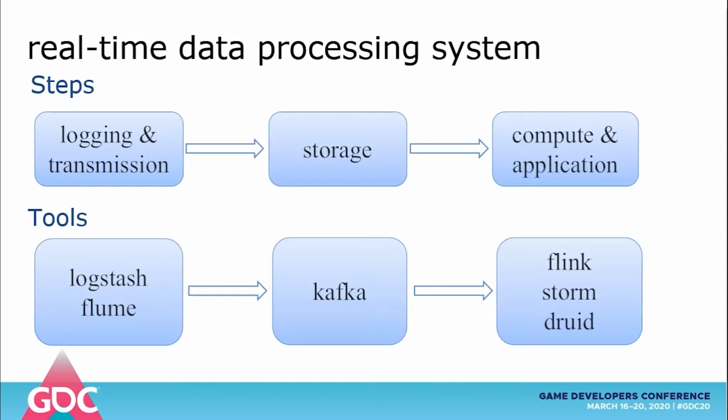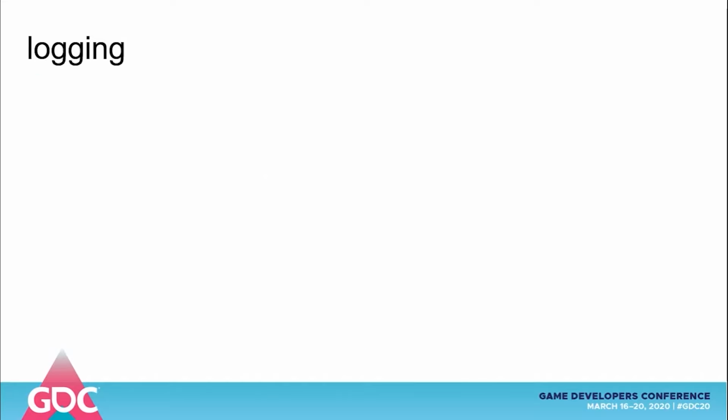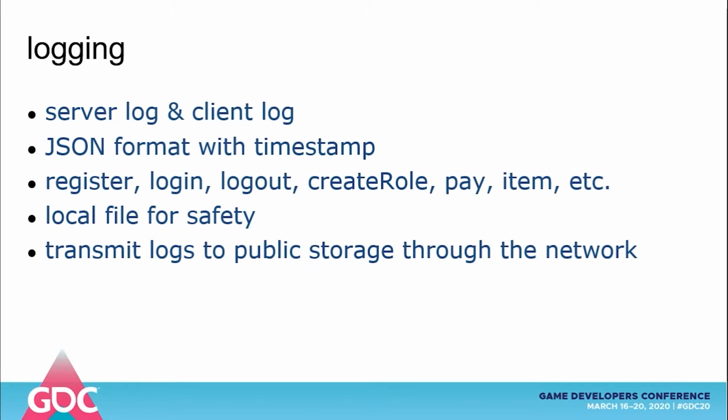This is a brief overview of the data processing pipeline, and we are going to have a more detailed analysis of it. Players in a game will have a variety of behaviors. These behaviors will be recorded by the log system on the local game server.